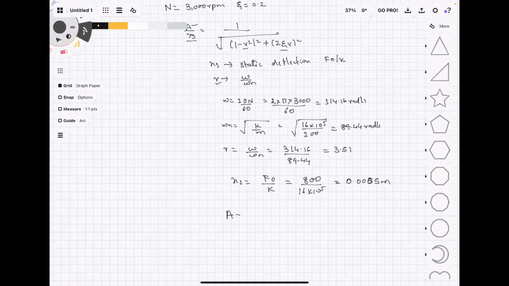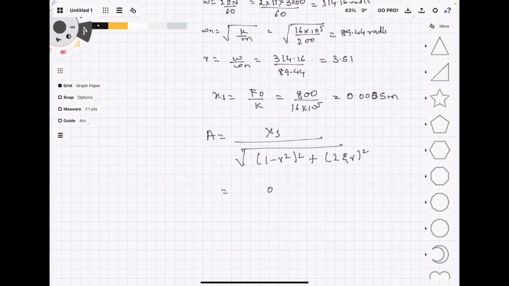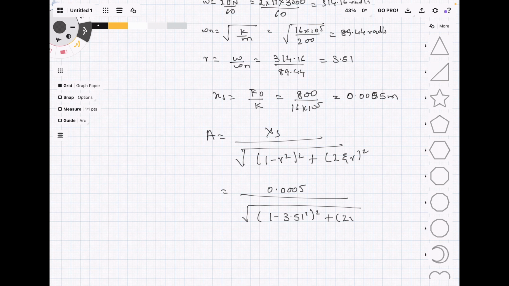So A will be nothing but xs upon square root of 1 minus r square the whole square plus 2 zeta r the whole square. So this is the formula. What is xs here? 0.0005 divided by, r we have already found out, square root of 1 minus 3.51 square the whole square plus 2 zeta r, 2 into 0.2 into 3.51 the whole square.